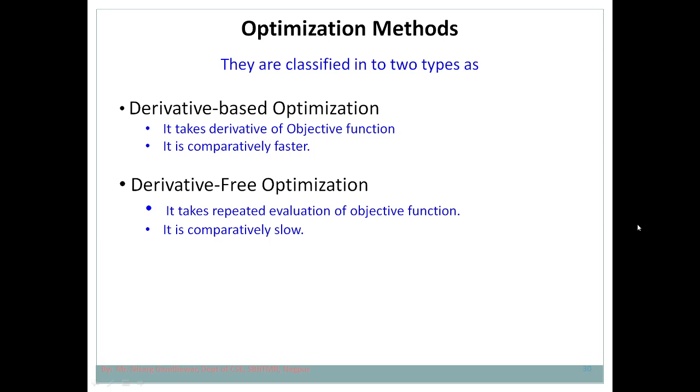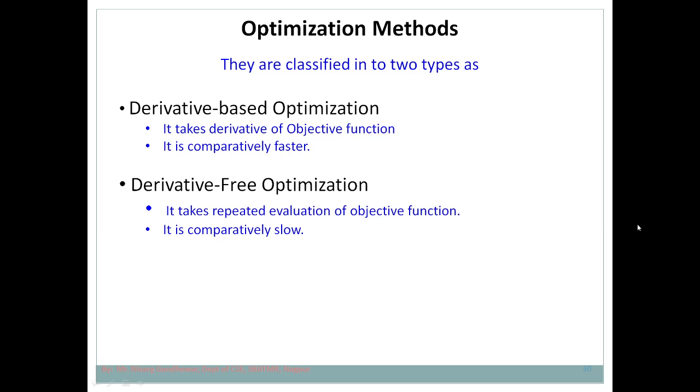First of all we will evaluate this, then we will do some kind of processing. Again we check whether the processing we have done has affected our objective function or not. So we are taking repetitive evaluation of the objective function to check whether it satisfies our main objective or not.